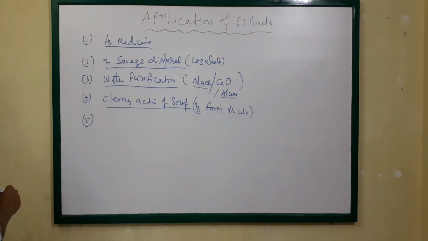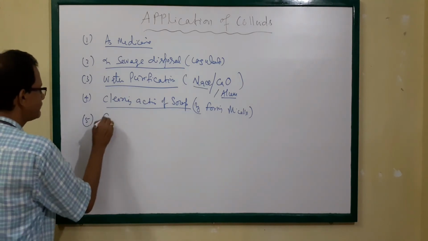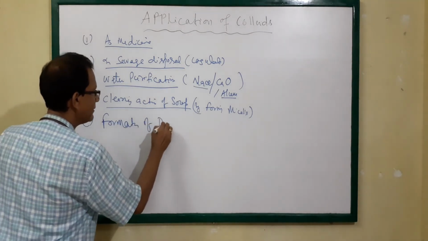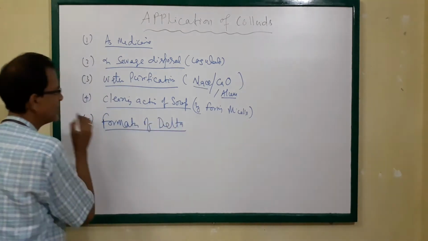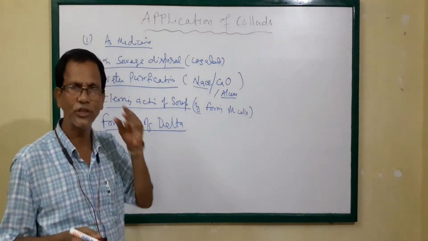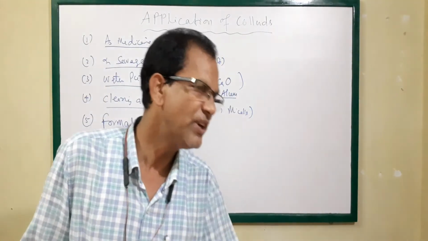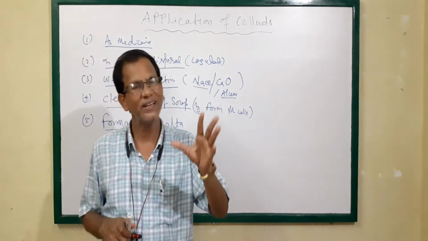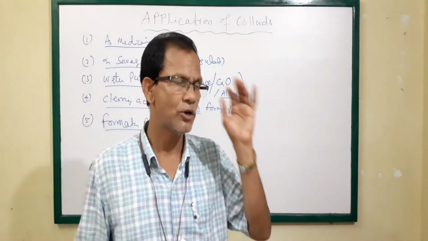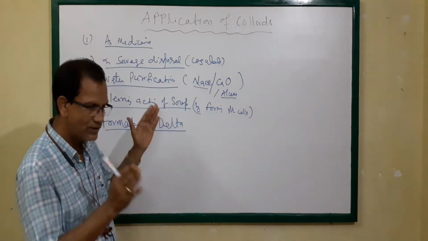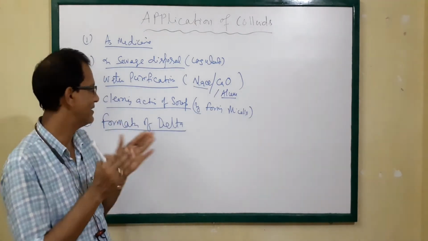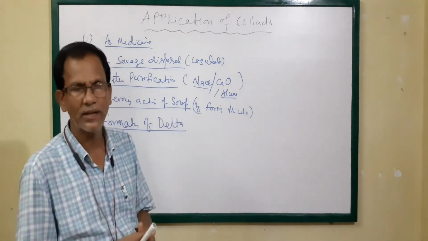Then the next is formation of delta. This is very important. Delta is generally produced at the junction of sea and river, because river water carries colloidal particles and sea water carries electrolytes, that is, oppositely charged ions. When these two waters mix at the junction, precipitation takes place.